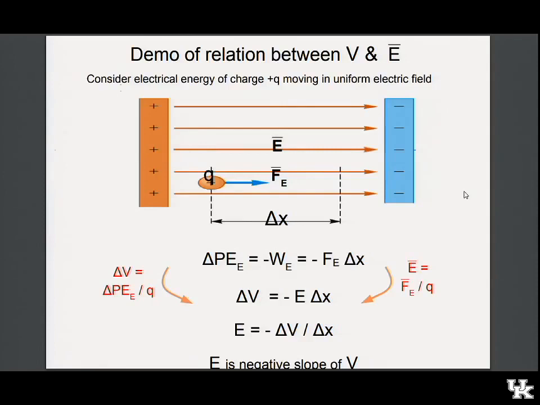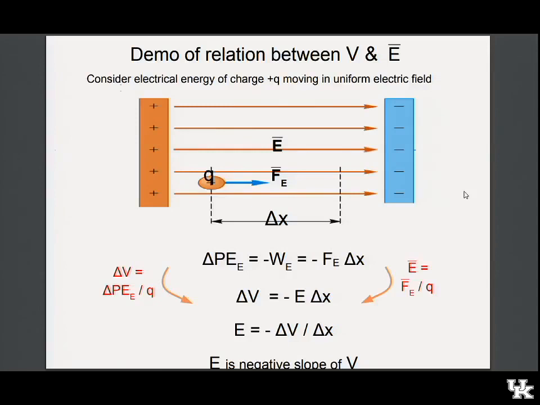And this slide shows you that connection. So in this slide, I've arranged for a positively charged plate over here on the left-hand side, a negatively charged plate over here on the right-hand side. We've therefore got field lines, electrical field lines, that sweep out of the positively charged plate on the left and end up on the negatively charged plate on the right. So here's our uniform electrical field and the field lines that describe it.